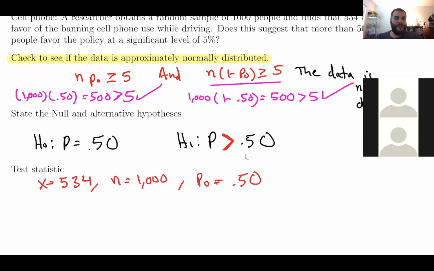So when we're doing the test statistic, we want one thing. The test statistic, in this case, is going to be the Z value, because the Z value is going to tell us how far away from the average it is. So it's going to tell us how far away from 0.50 we are. Remember, the further we are from 0.50, the bigger the gap we have.